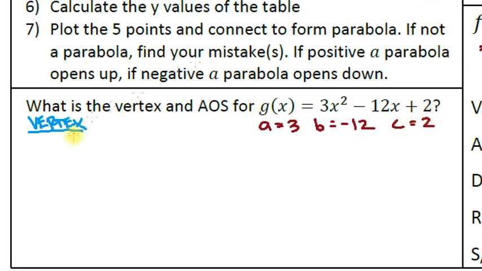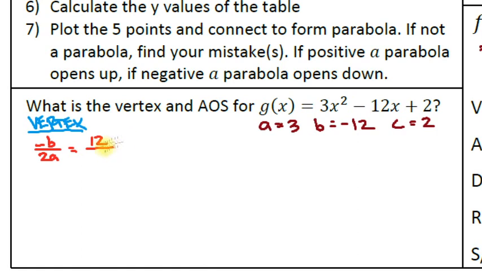The reason we identify that is because we're going to have to use two of those numbers to find the x value of the vertex. Negative b over 2a is going to help us find the x value of the vertex. Well, b is negative 12. This is going to be negative negative 12, which means it changes to positive.